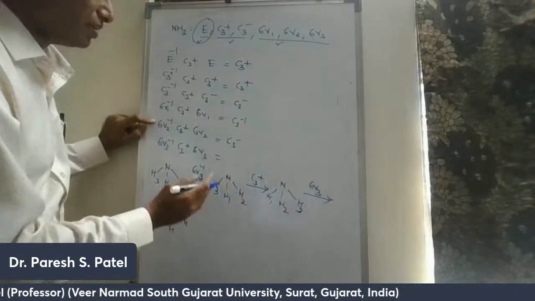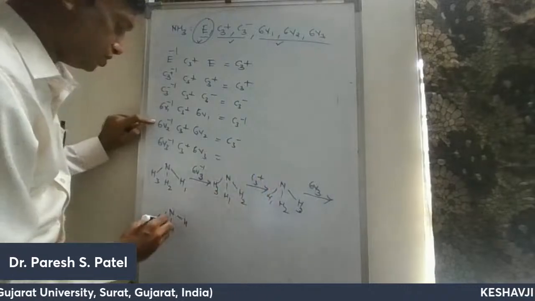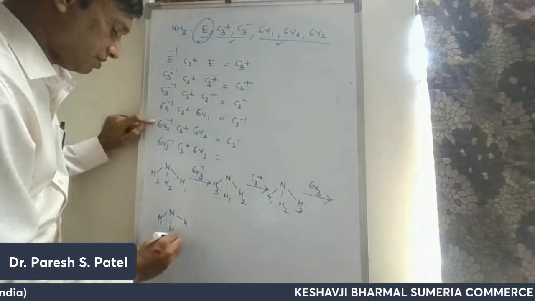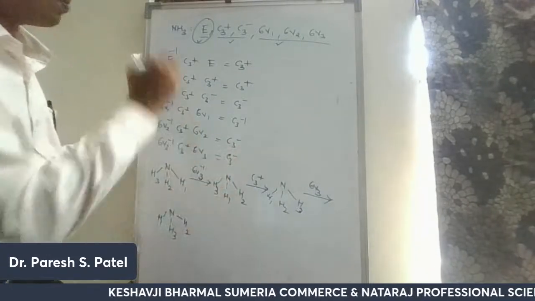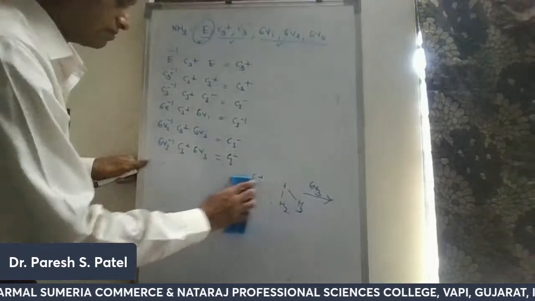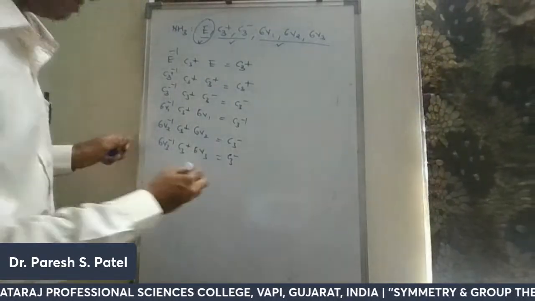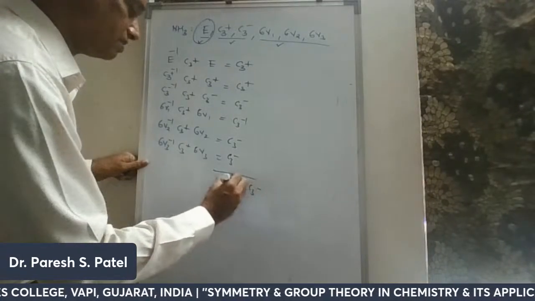So this is again rotation followed by the reflection. So the hydrogen 3 is over here. So the position of hydrogen 1 remains as it is, and 3 and 2 are interchanged. So this is C3 minus. So the overall result is C3 plus or C3 minus.